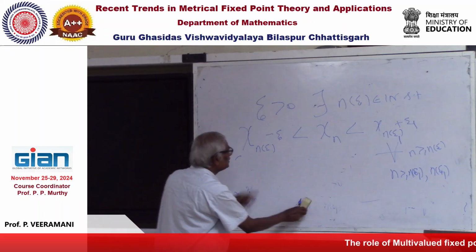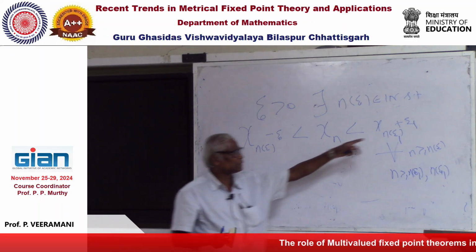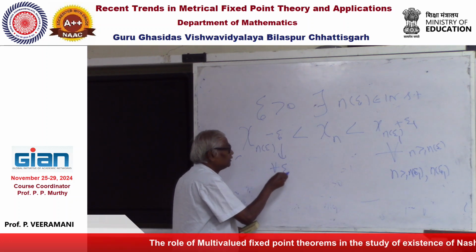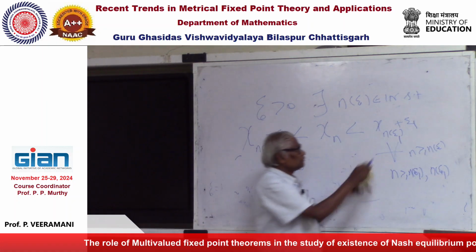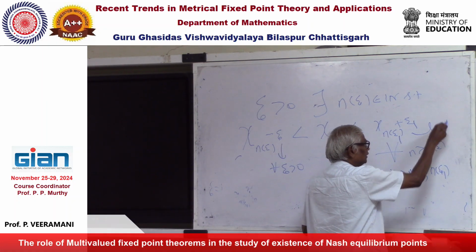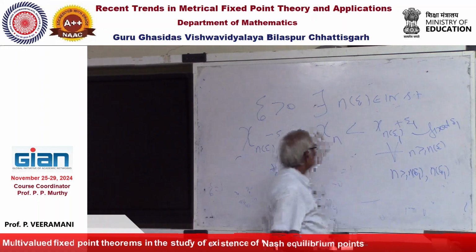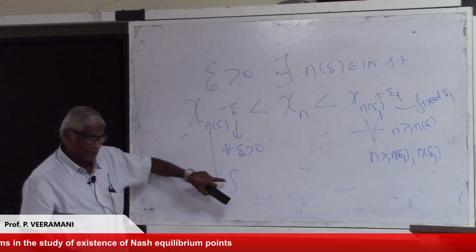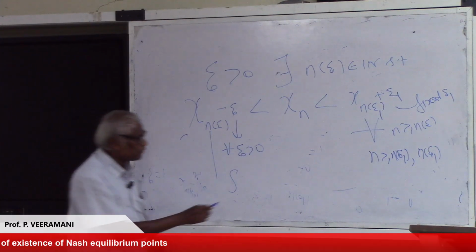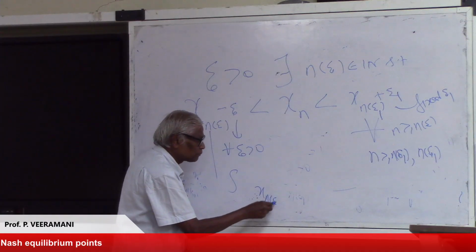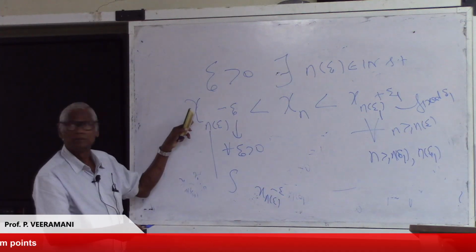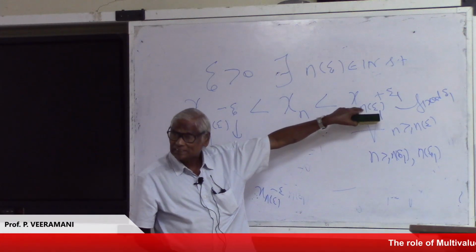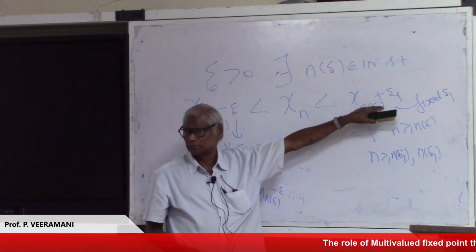Now this is true for every epsilon, and this is the fixed epsilon 1. This means that every element from S, which is of the form x n of epsilon minus epsilon, is less than the fixed epsilon 1 plus epsilon 1.